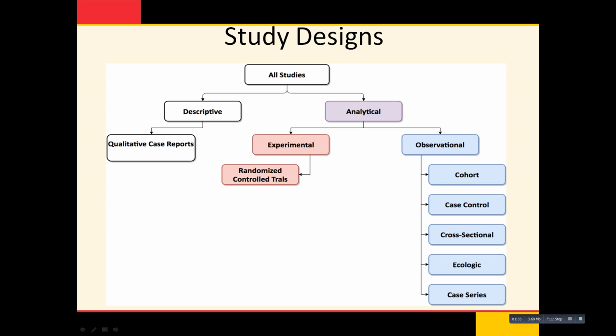So observational study designs really allow us to look at exposures and outcomes that may be unethical with randomized controlled trials or difficult or time consuming. So lots of different reasons why we may want to use observational study designs.